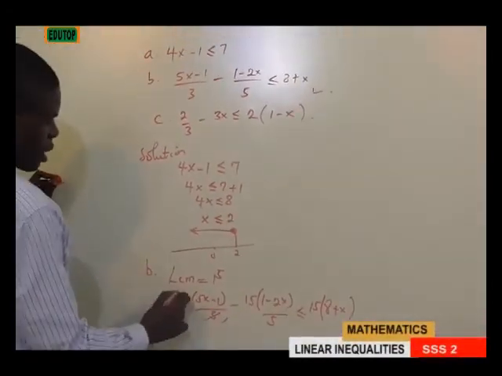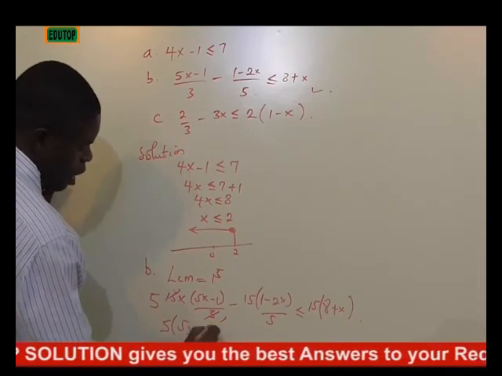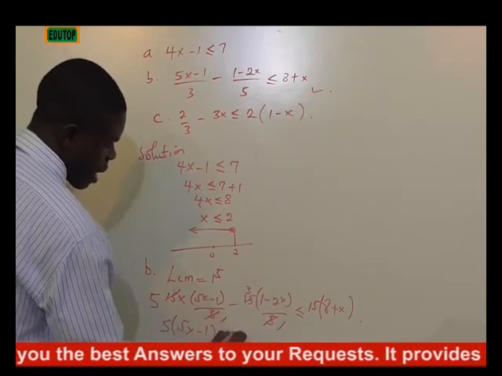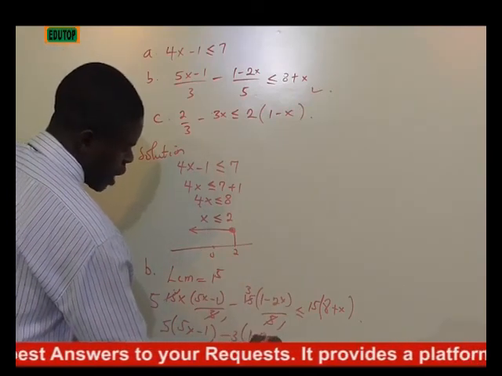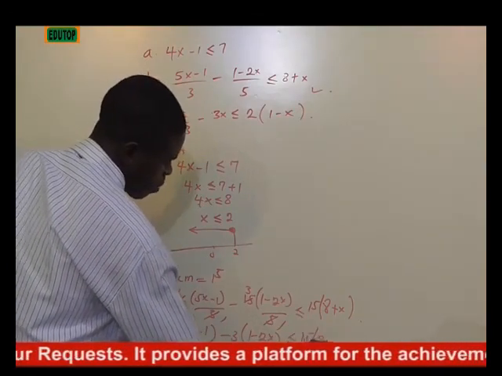So 3 into 15 gives 5, 5 into 15 gives 3. So we have 5 into (5x minus 1) minus 3 into (1 minus 2x) less than or equals to 15 into (8 plus x).